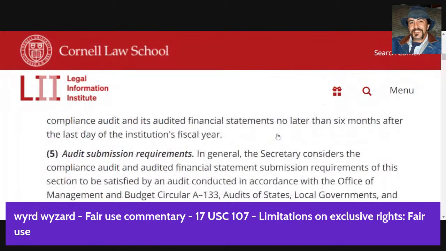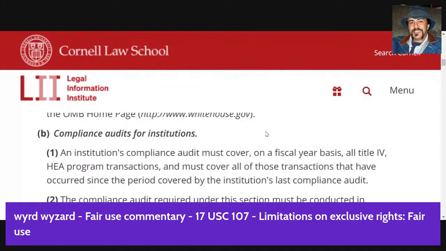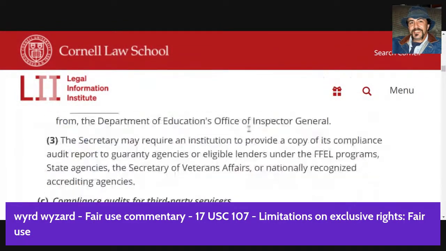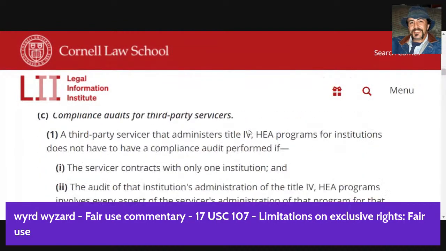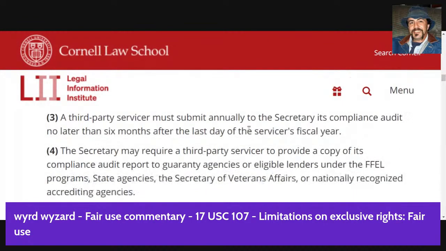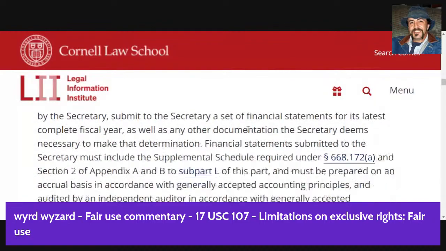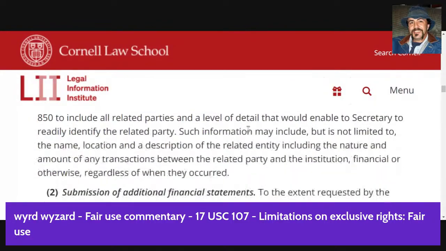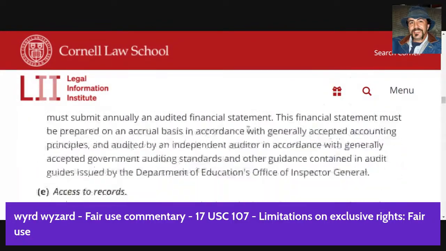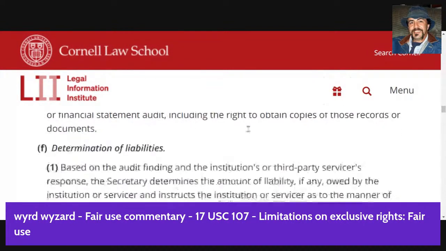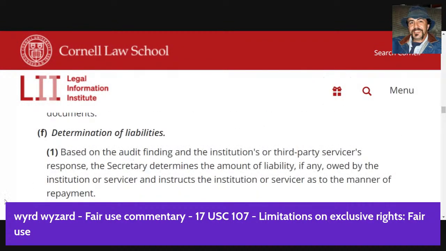Got submission deadline, audit submission requirements, compliance audits for institutions, compliance audits for third-party servicers, audited financial statements, determination of liabilities.